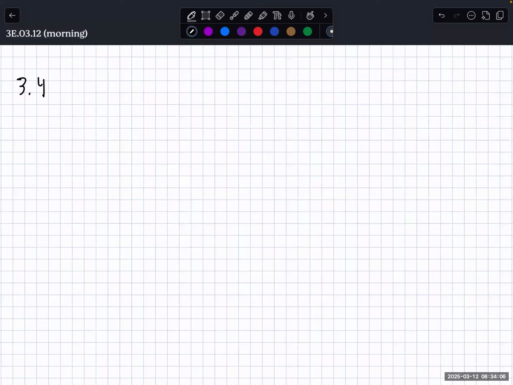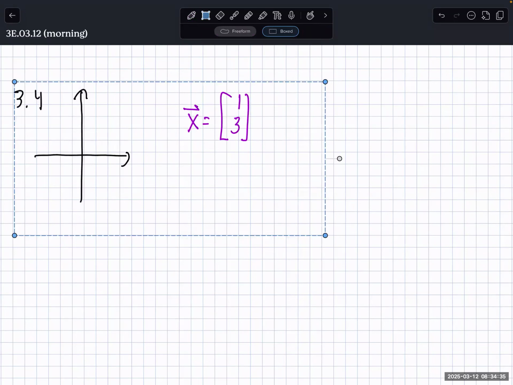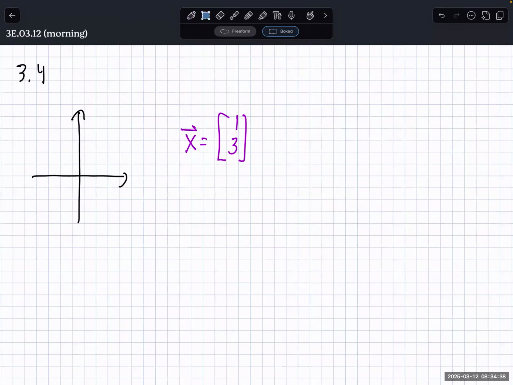So we're in section 3.4. I want you to think a little bit about coordinate systems. So if I say x equals 1, 3, really what we've done is we've given you enough information to draw a picture of x.